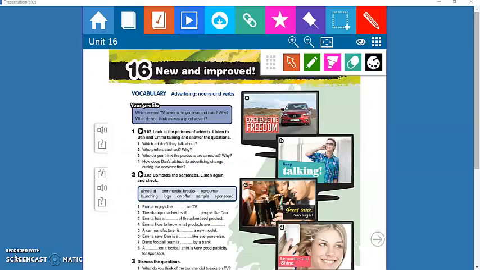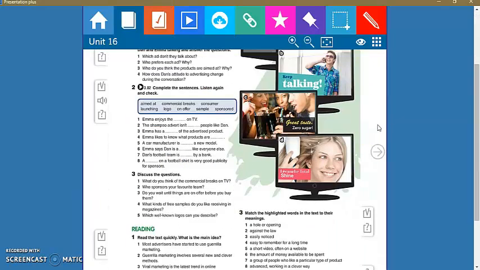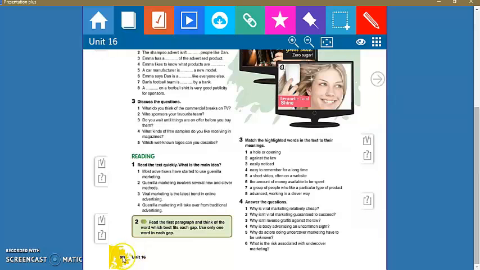Okay, now we are in unit 16, and the name of this unit is New and Improved. As I already told you, this is going to be for session number 1, and we are going to be working on pages 90 and 91.